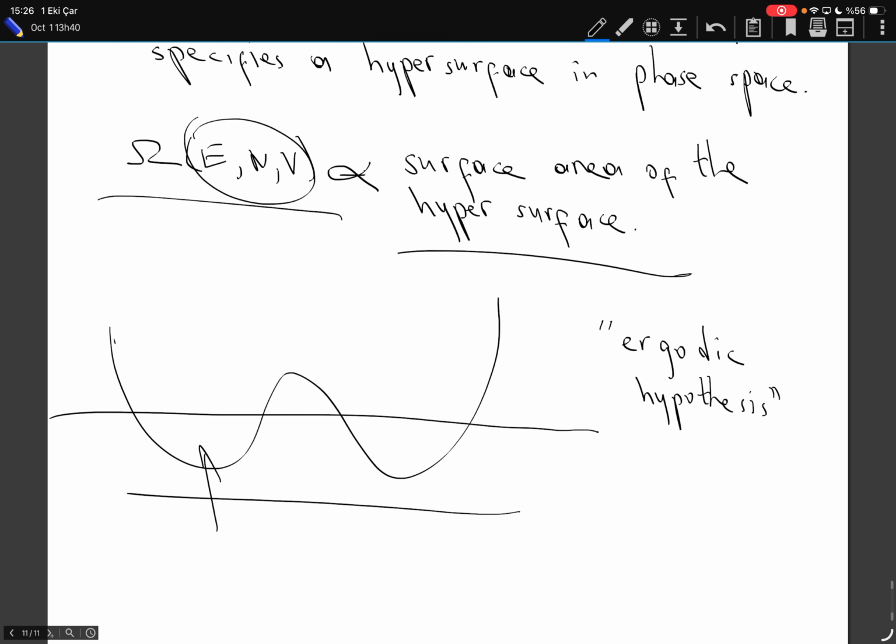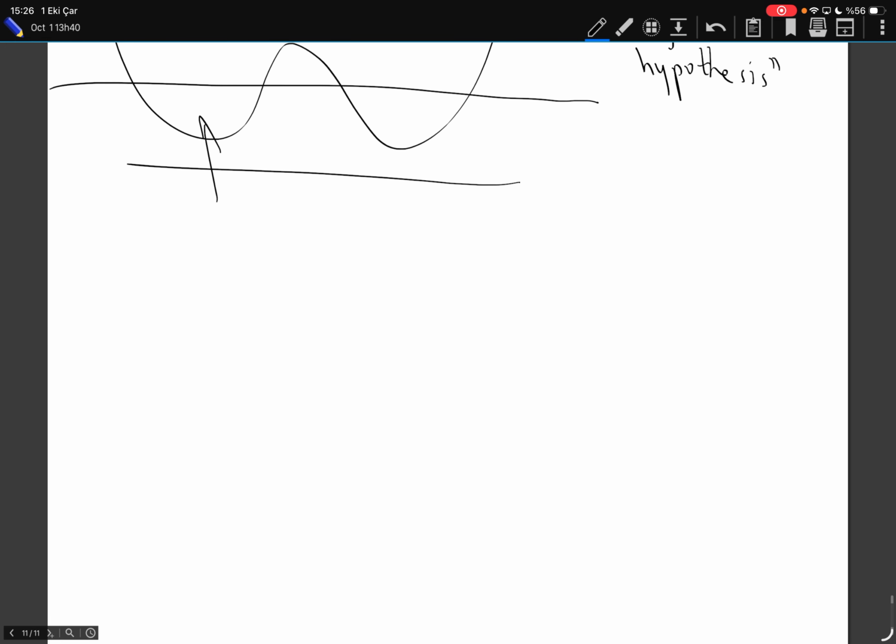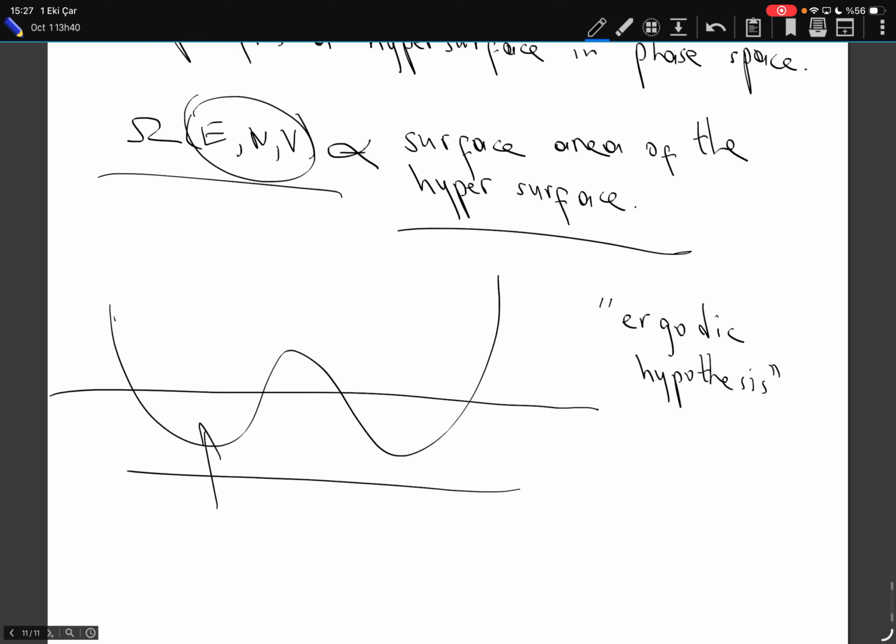So now our problem: how do we calculate the surface? Especially when we treat this ideal gas problem in quantum mechanics, it will again be more explicit. Usually it's not so easy to calculate the surface area, but easier to calculate the volume.